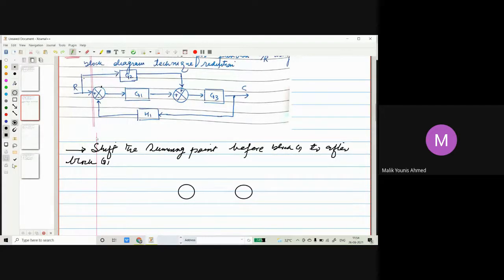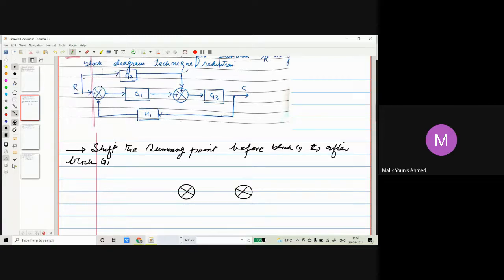So we have two summing points. So this summing point here, which we have shifted, is plus minus first. So we are shifting this summing point.